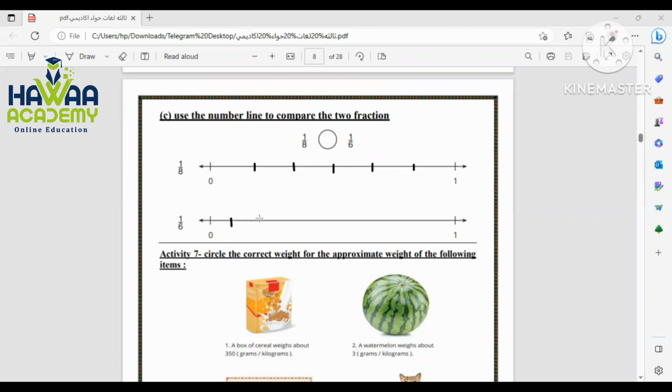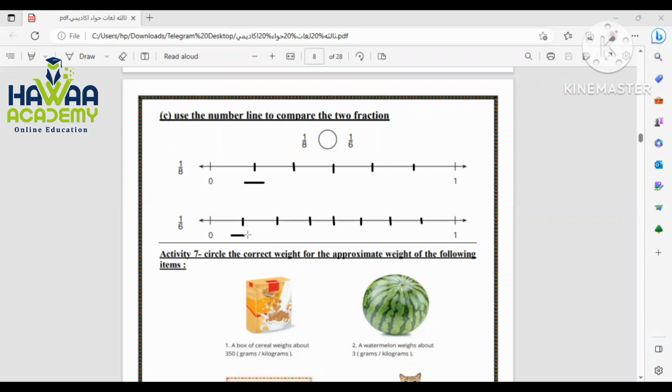The second number line: 1 over 8, 2 over 8, 3 over 8, 4 over 8, 5 over 8, 6 over 8, 7 over 8, and 8 over 8.